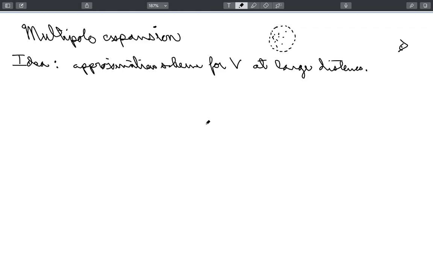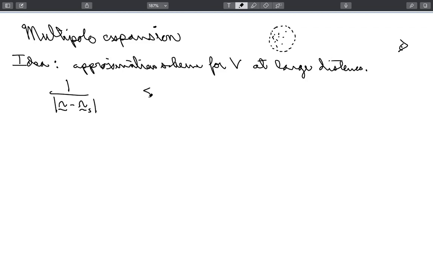Okay, so what's the idea? The idea is that we will need to approximate the core spatial dependence that we have in the formula for the electrostatic potential, which is just 1 over the distance. So here what I'm considering is a point charge at position Rs and an observation point at a certain R which is far away.